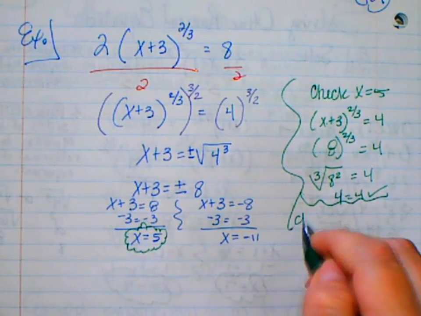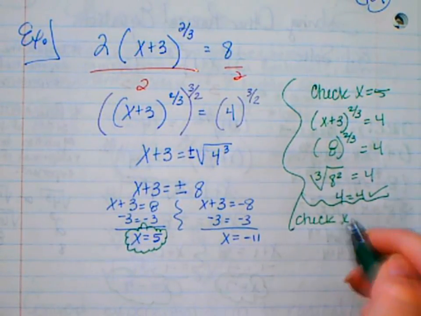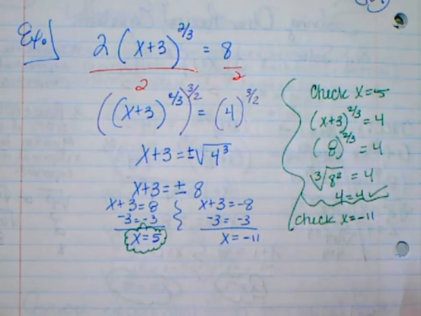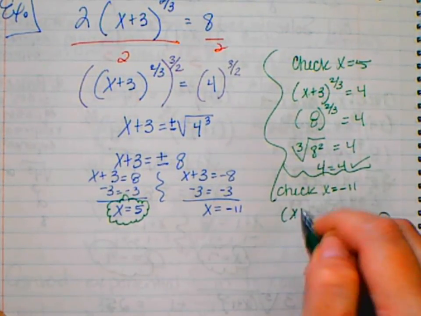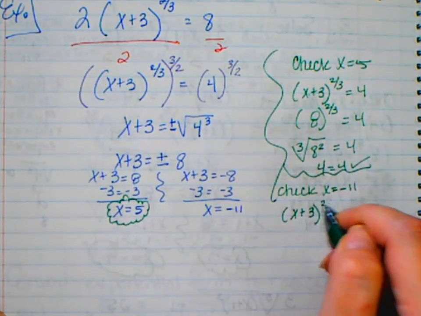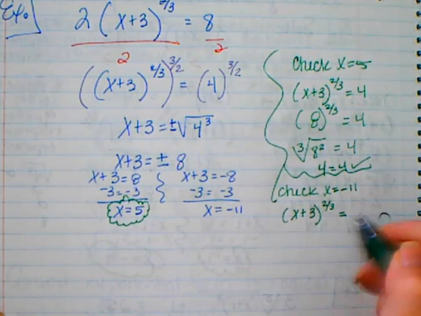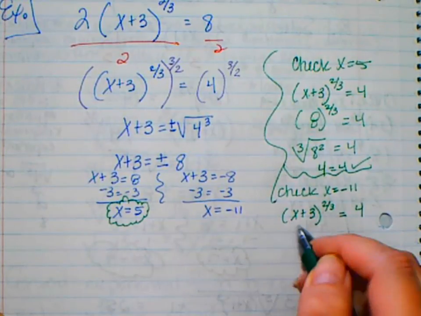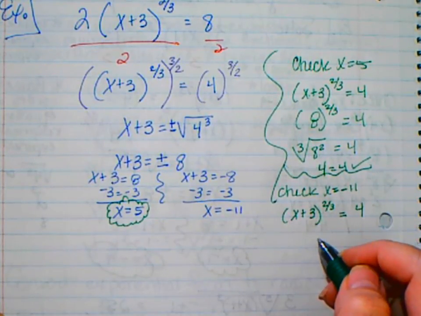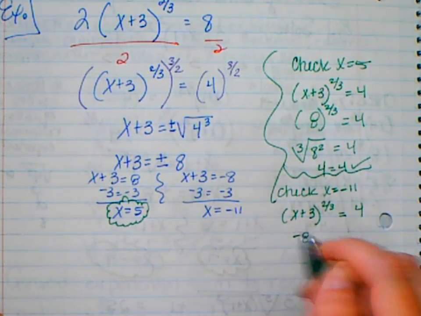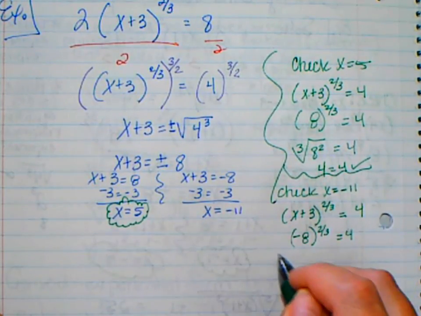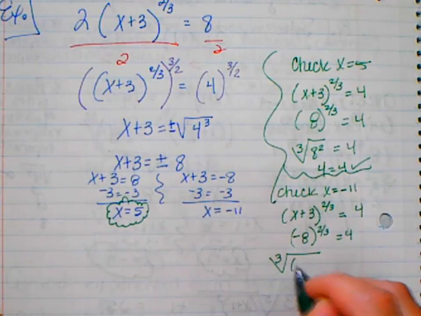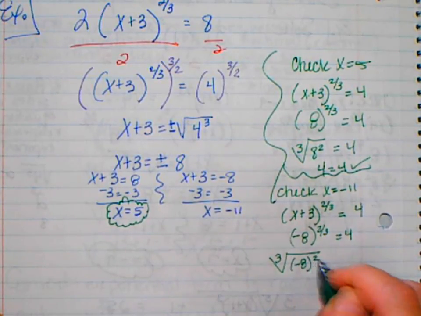And now we'll check negative 11. So negative 11 plus 3 is negative 8, quantity raised to the 2/3 equals 4. So that's the cubed root of negative 8 quantity squared.